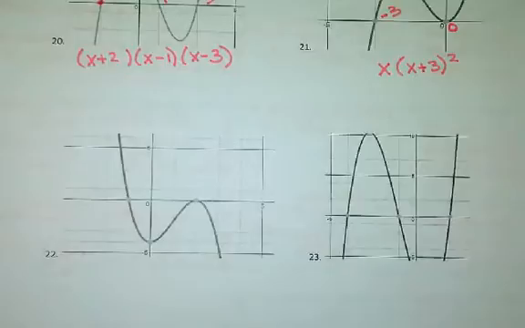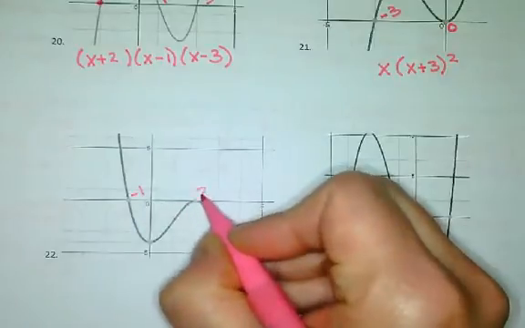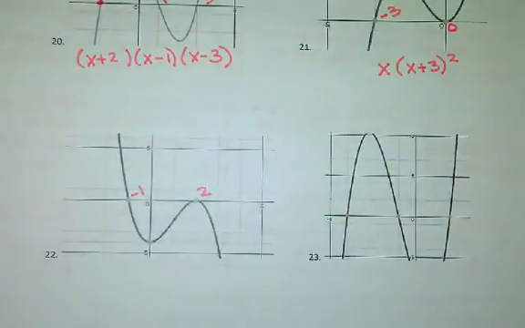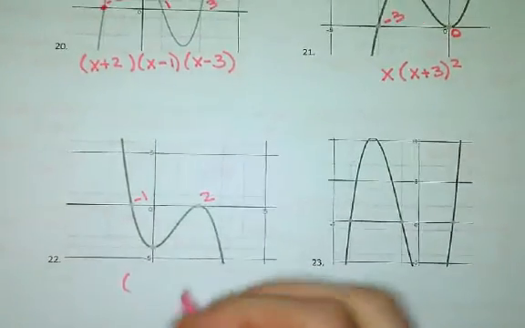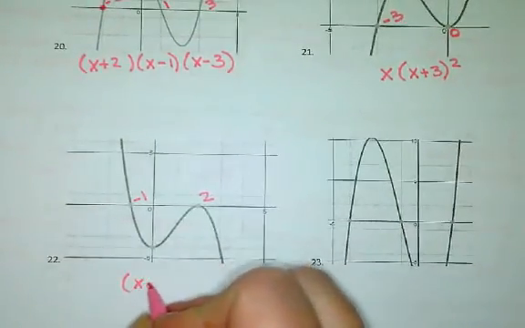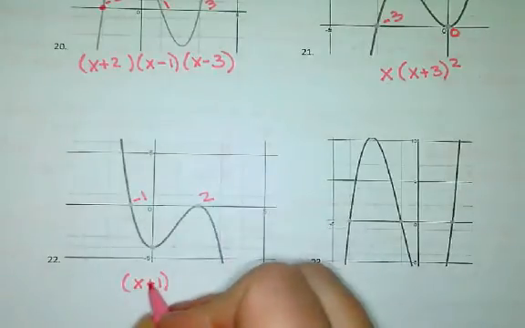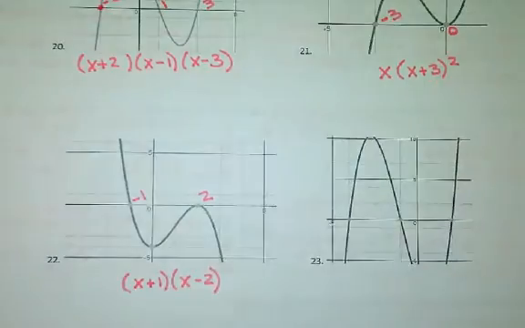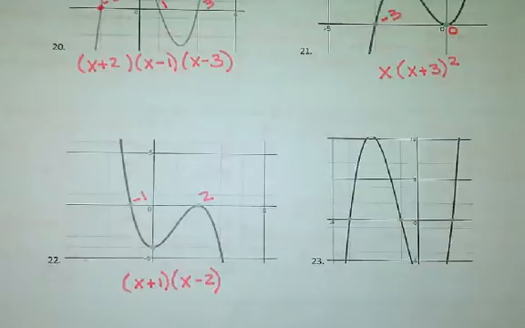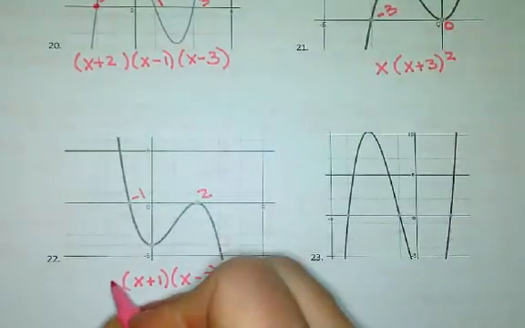Okay, this one crosses at 2 places. So for this one, this crosses at negative 1, and this crosses at positive 2. So here, I'm going to have x minus 1. I'm sorry, x plus 1, the opposite, and then x minus 2. Now, I also notice that this is going down, so I have to have a negative.